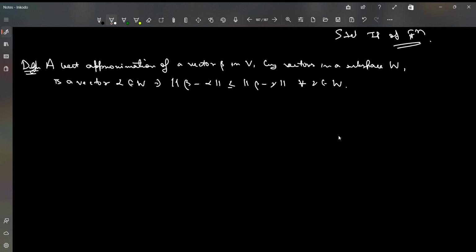Or the other way of saying this is that the best approximation of beta is that vector alpha from W such that the distance between beta and alpha is as small as possible, subject to the restriction that we are calculating distances with respect to vectors in W, and this alpha is an element from W. So this is precisely the concept of a best approximation of a vector.